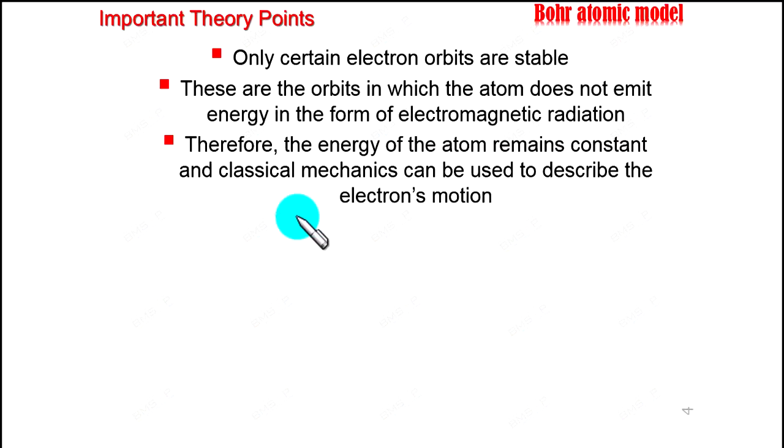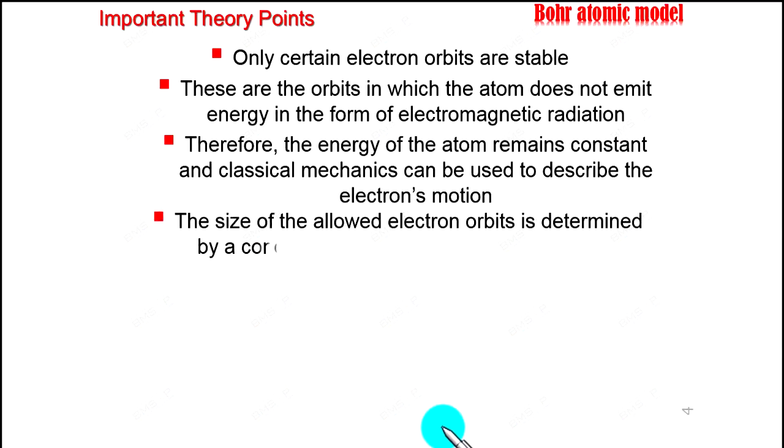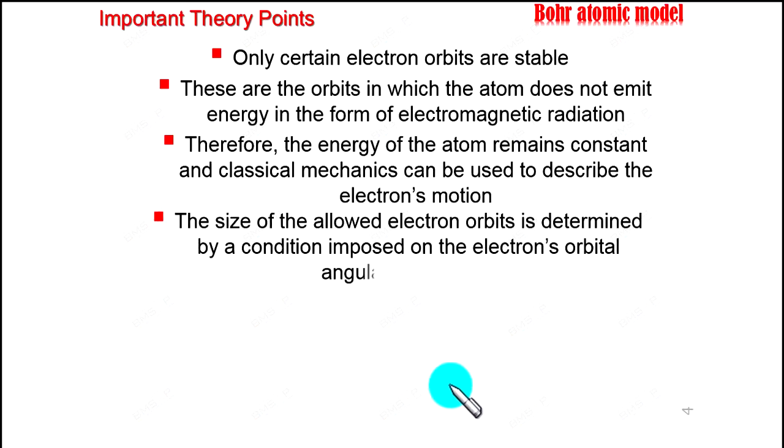And one quantum mechanics term is also used. The size of the allowed electron orbit is determined by the condition imposed on the electron's orbital angular momentum. This is justified by quantum mechanics and is equal to mvr equal to nh divided by 2 pi.